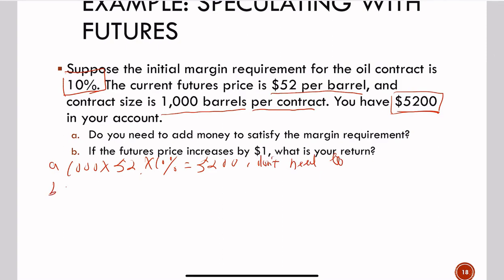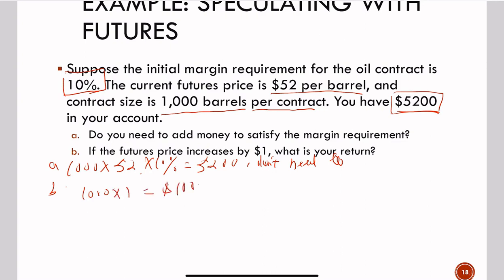Now, if the futures price increases by $1, what is your return? Well, this is really simple, right? Because you have one contract, so you have 1,000 barrels, and the per barrel increase would be $1.